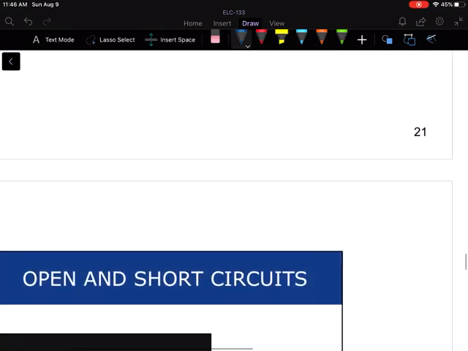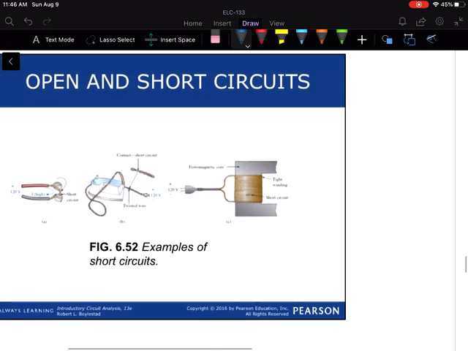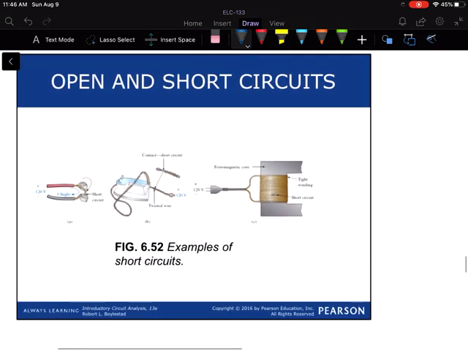Now, when we're talking about short circuits, the opposite is true. Short circuits happen when there's a path for current that is not intended in the circuit, and it can circumvent or go around the portion of the circuit where we want the current to go. So in this case, you see that a wire from the positive terminal that should stay over here has drifted over to the negative terminal, and that's a bad situation.